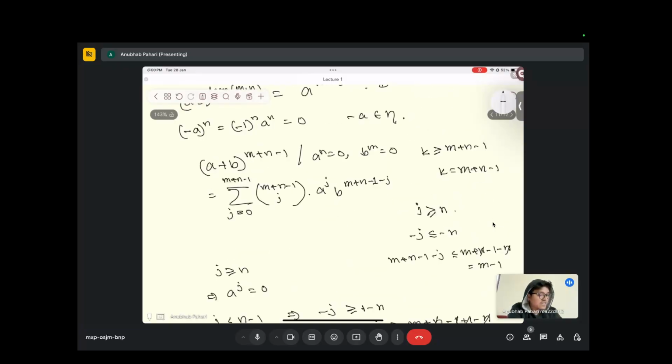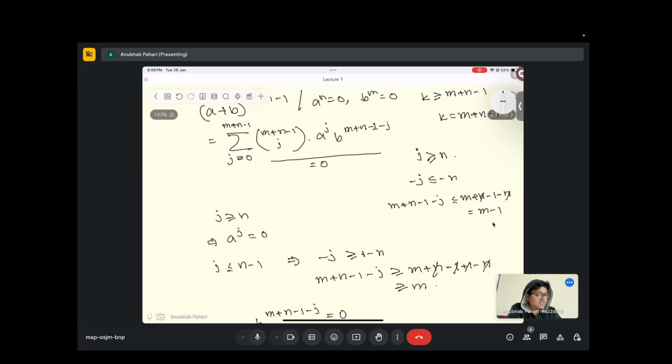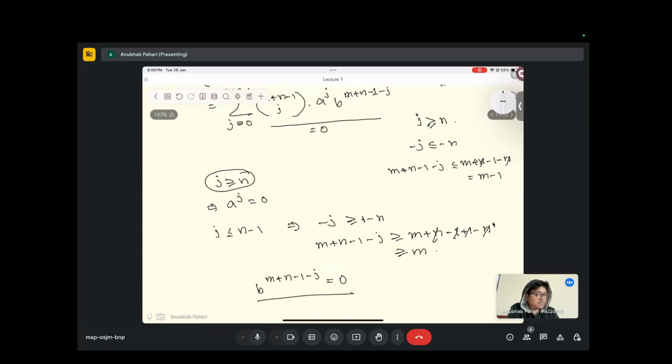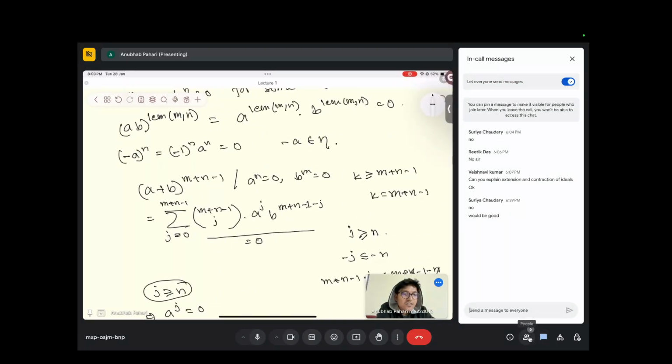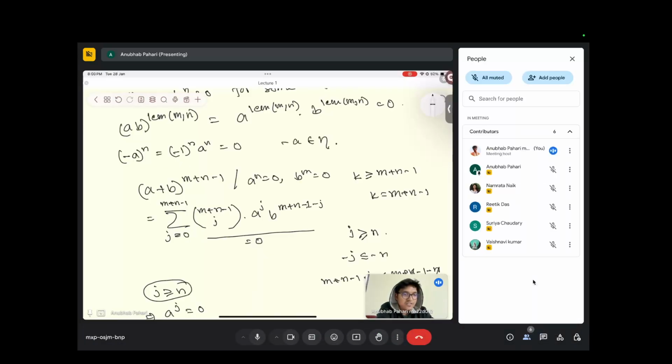So you are seeing that every summand of this direct sum becomes 0, because we have already taken care of all j cases, right? Is it clear? Is it clear, Vaishnavi?